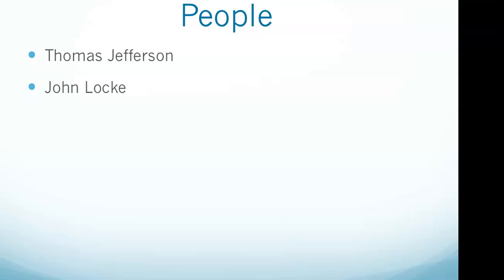Two really important people who are very likely to show up and you should be familiar with. Thomas Jefferson was an American founding father who was the principal author of the Declaration of Independence, and he also later served as the 3rd president of the U.S. from 1801 to 1809.